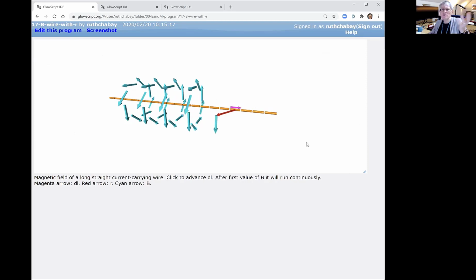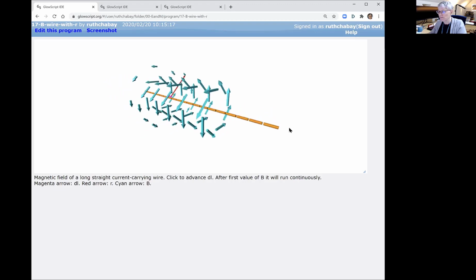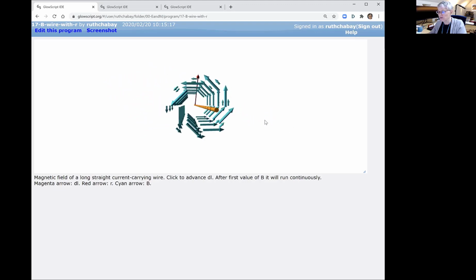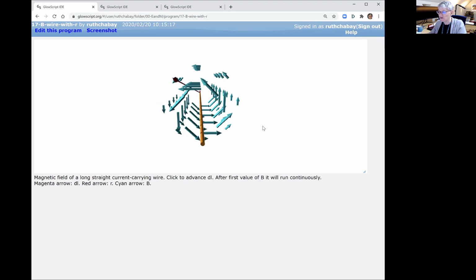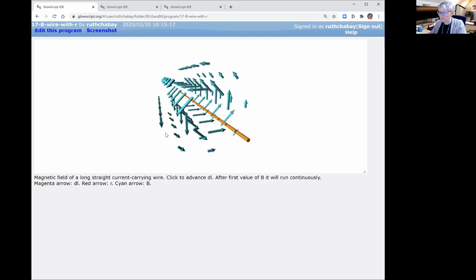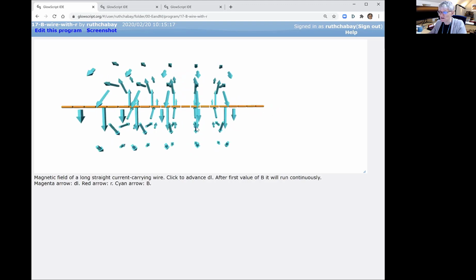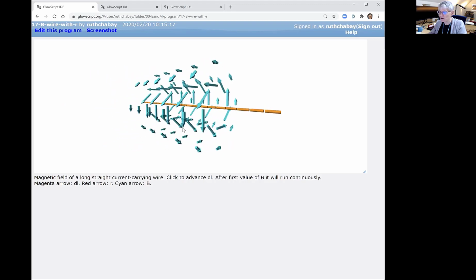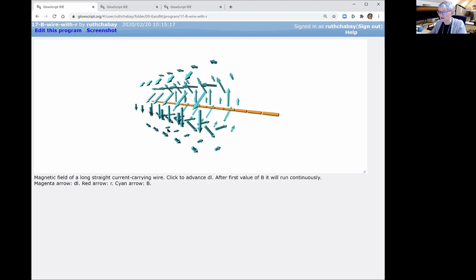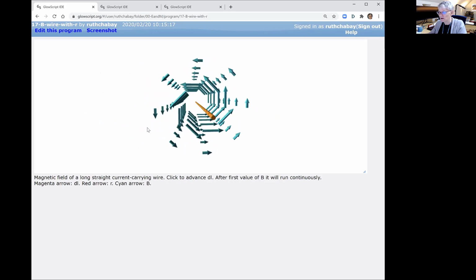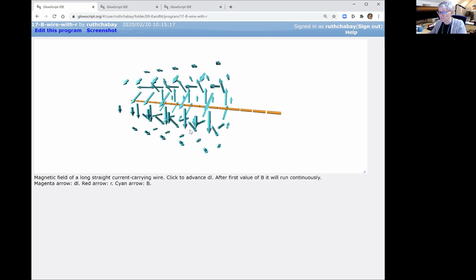And since there are moving charges everywhere in the wire, we find that all along this wire, unless we're really near an end, the magnetic field has the same magnitude. And as we move farther away, it gets smaller. Okay, so that's basically what our prediction is going to be. That's what we get when we do it numerically.